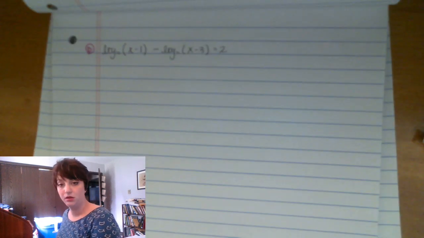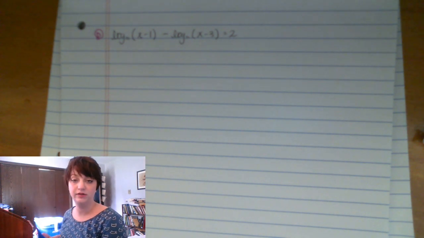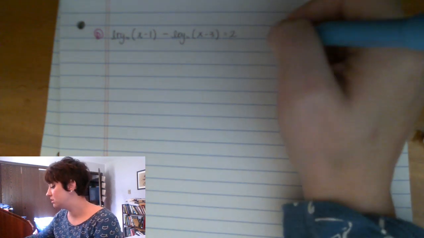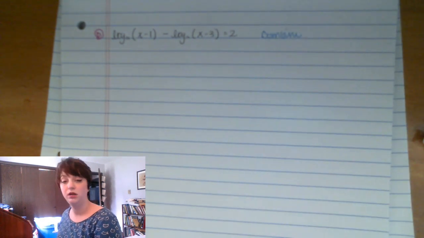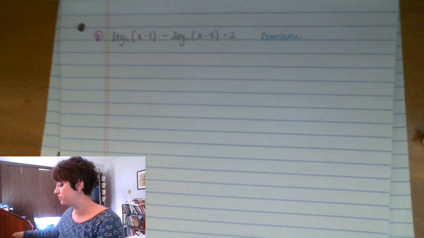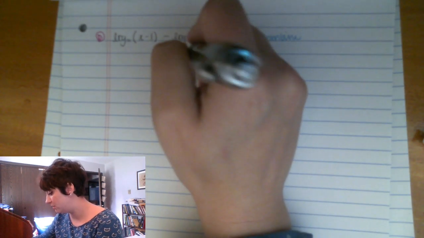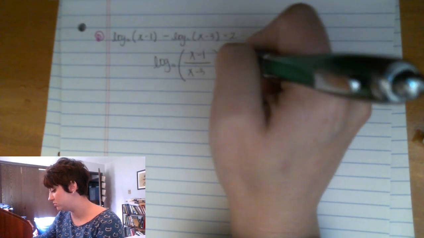All right. Log base 11 of x minus 1 minus log base 11 of x minus 3 equals 2. So this is the same sort of thing. I have a difference of logs. That means I'm going to have a log of quotient. All right, so log base 11 of x minus 1 over x minus 3 equals 2.